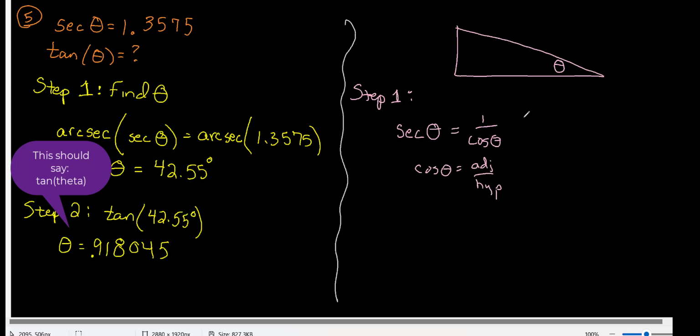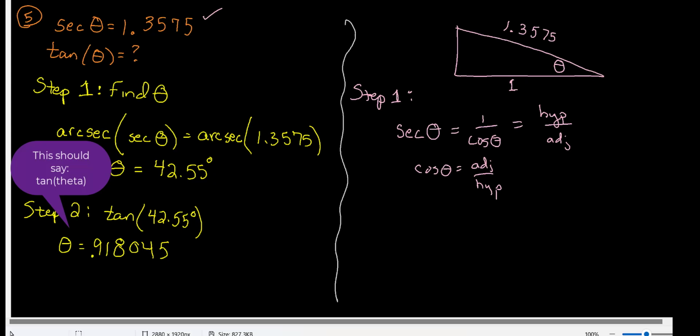And if we wanted to write secant, it would be hypotenuse over adjacent. So I know the value of secant theta. It's 1.3575. So let's call our hypotenuse 1.3575, and we can call the adjacent side to theta 1. And so indeed, we've got a triangle where the secant of theta is what they gave us.